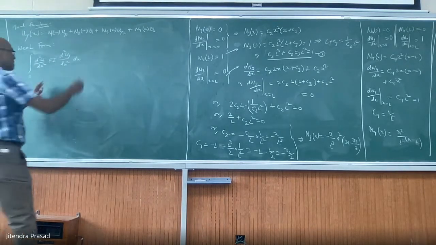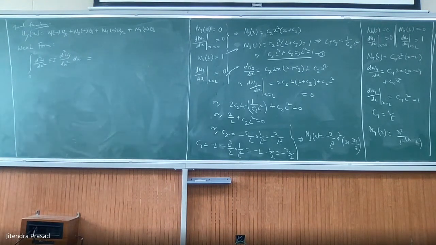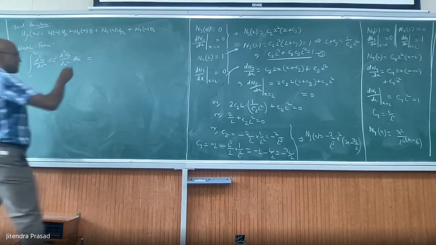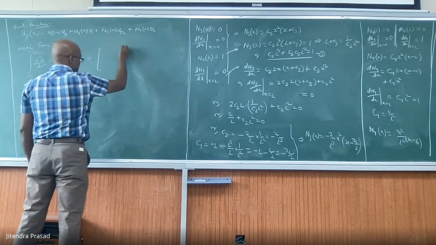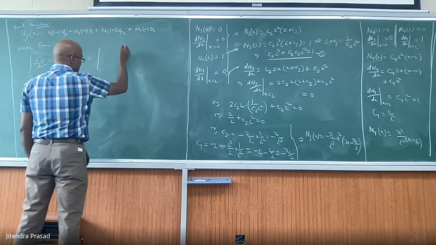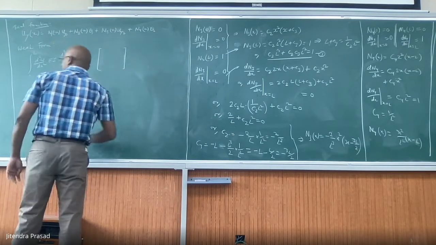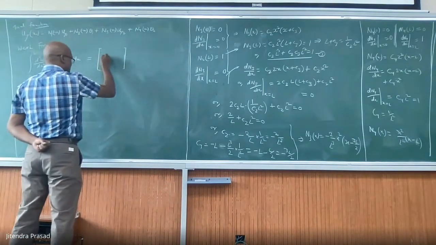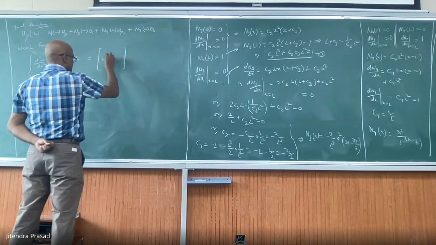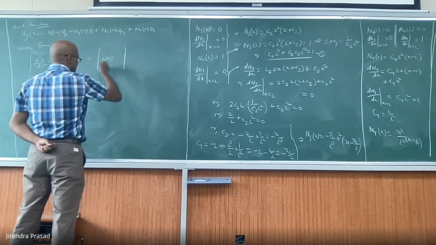This is the left hand side, and right hand side you have W, the w(x) times v(x), 0 to L.